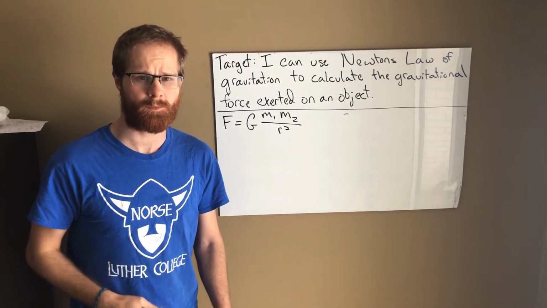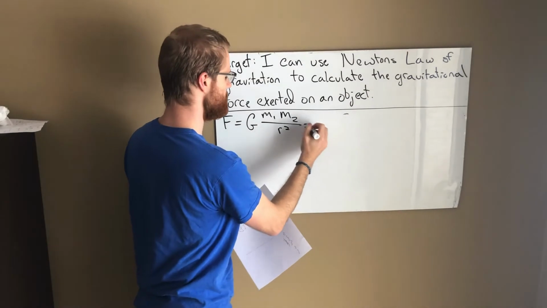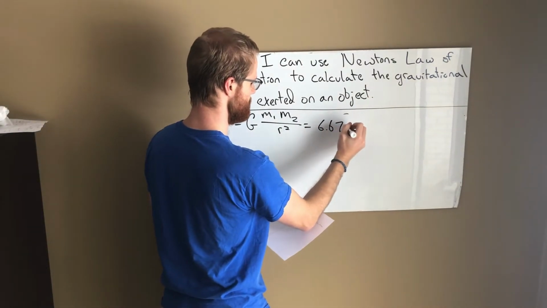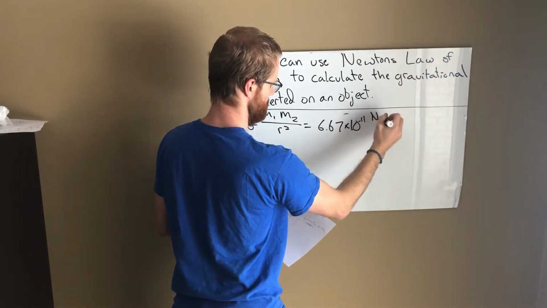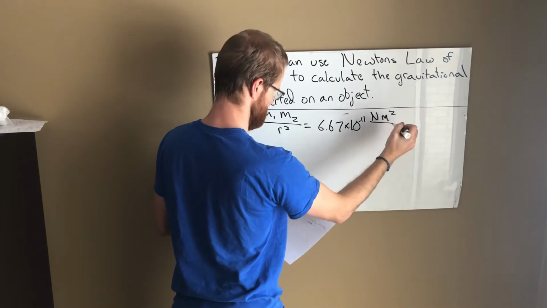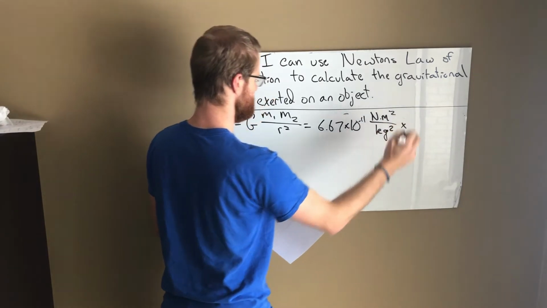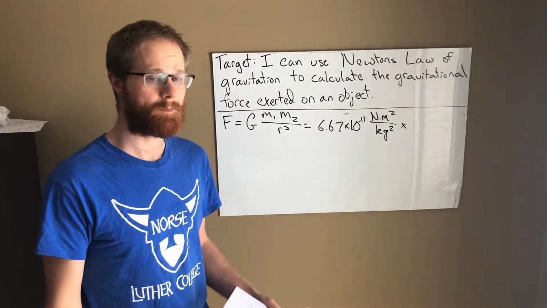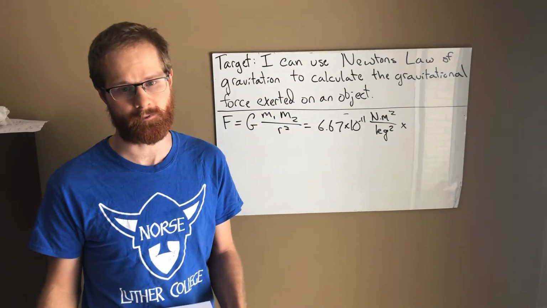Let's go over this problem and see if you got it correct. So, let's plug our numbers into the equation. We've got our gravitational constant G times the mass of object 1 and the mass of object 2. It doesn't matter if you put the mass of Manny first or the mass of Mars first.